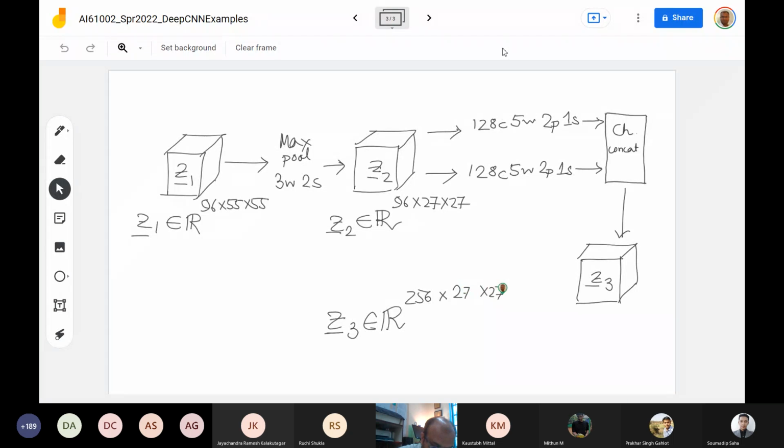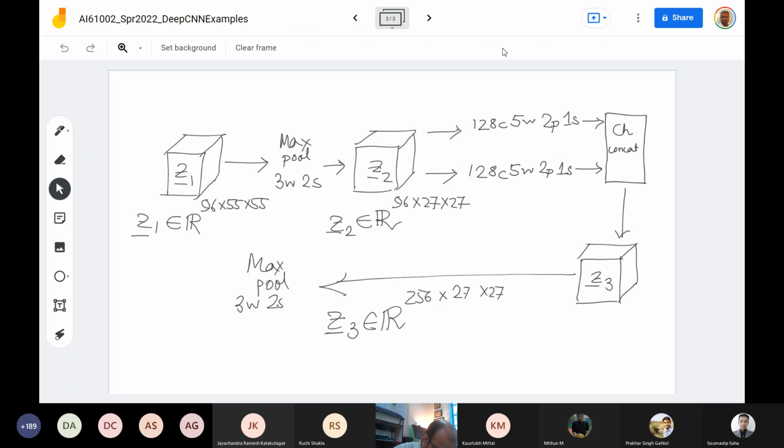Okay, so after this one, we again do a max pooling. Max pool, so what max pool? I basically have to look and tell you, otherwise I don't remember so many networks. So this is with a window of 3 and stride of 2.